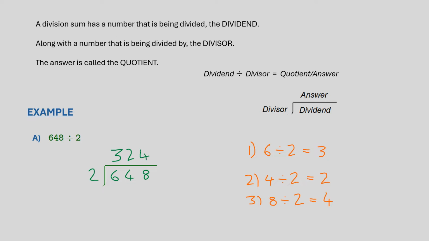And with no other numbers left in the dividend to divide by, we now have our final answer to the division sum, which we have solved with short division. So 648 divided by 2 is 324. Each division here happened to work out exactly, but this is not always the case. The next page will show examples where remainders occur.